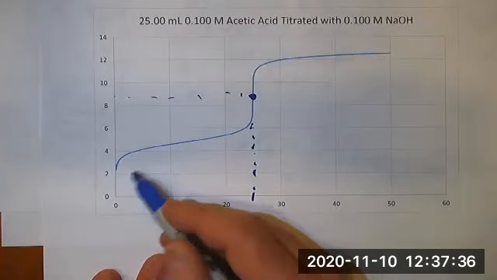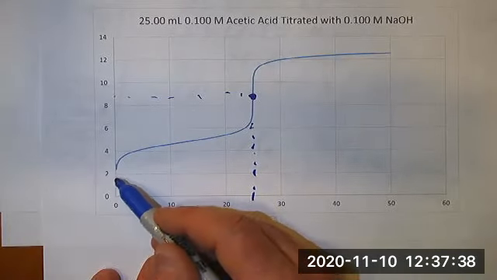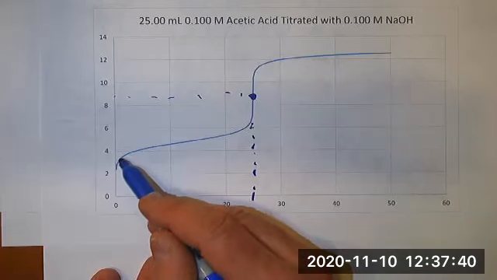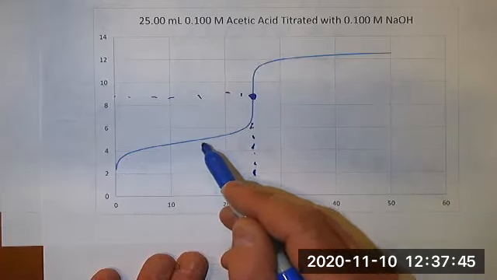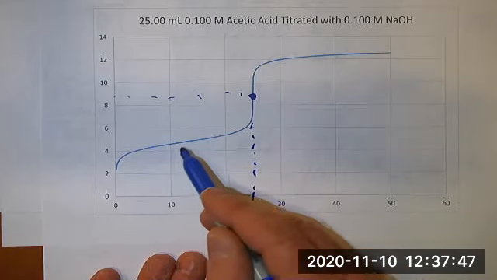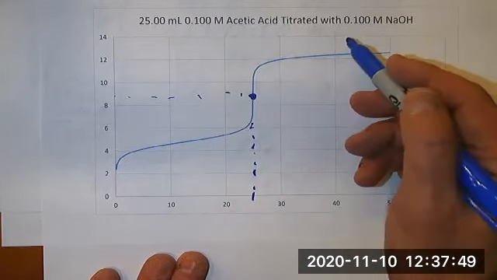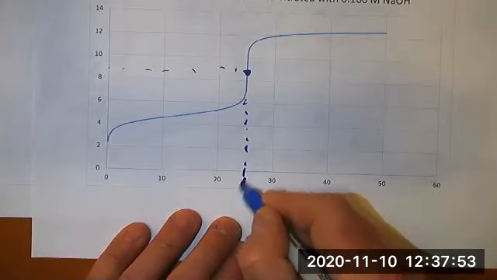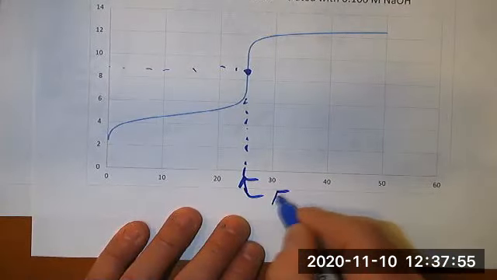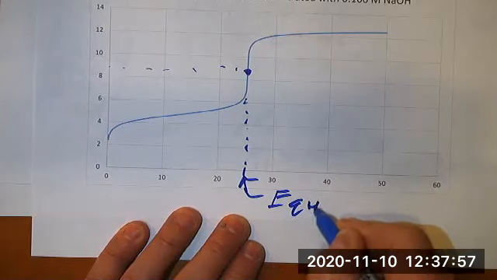And we see here that we initially have a rise of the pH, and then we enter the buffer region, where it's relatively flat for quite a while, and then it starts to go back up again. So this point here is known as the equivalence point.